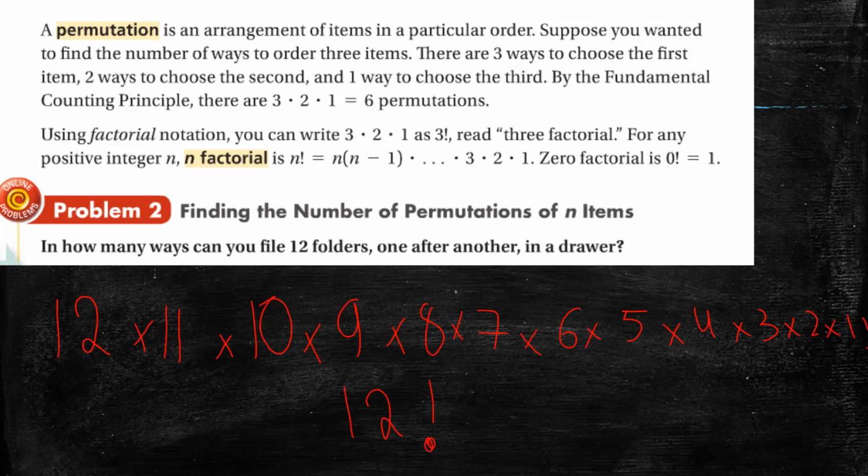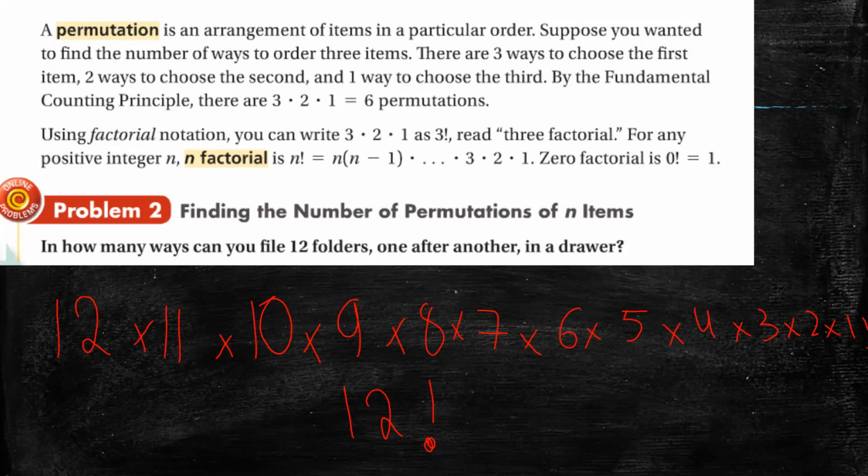Without multiplying all of these numbers on the calculator, you will have this factorial key. It is under mode on your calculator. You press 5 shift, and this sign, which is under mode, you will see X factorial on your calculator.